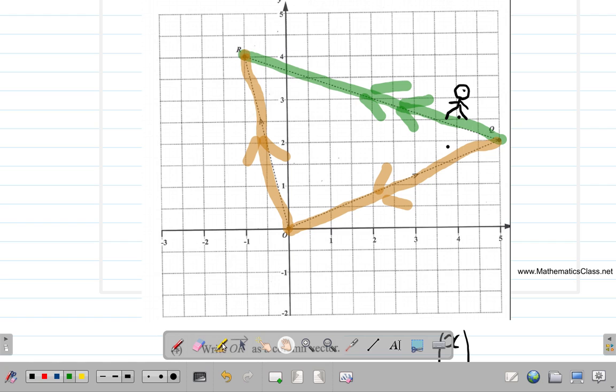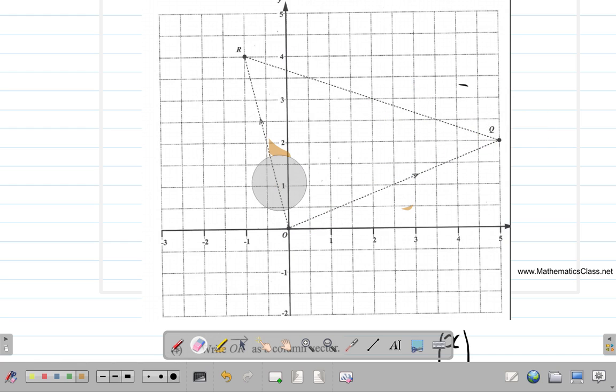If you want to go from Q to R, you can move horizontally and vertically. From Q, you go from here to here. How much do you move? You move from 5 to negative 1.